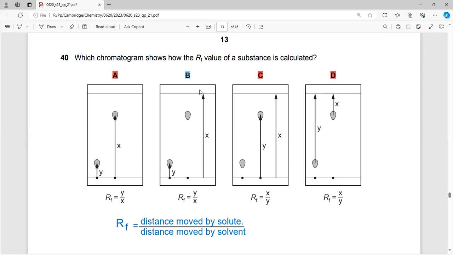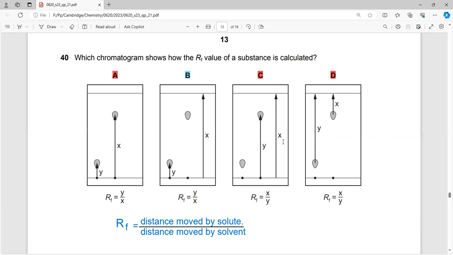Here we can see that B is an option. X represents the solvent, which starts from the baseline and ends at the last point. This is the move of the solvent. What about Y as a solute? We can see the distance moved by Y divided by the distance moved by the solvent. So that's why B is our correct option here. What about C?